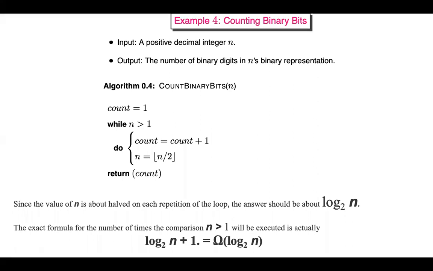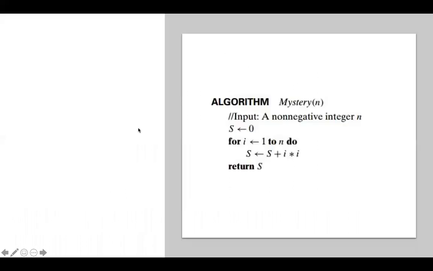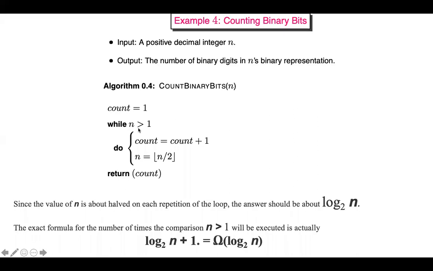So if the input is 4 for this algorithm, what is the output you'll get? See, the input for this algorithm is a decimal number.